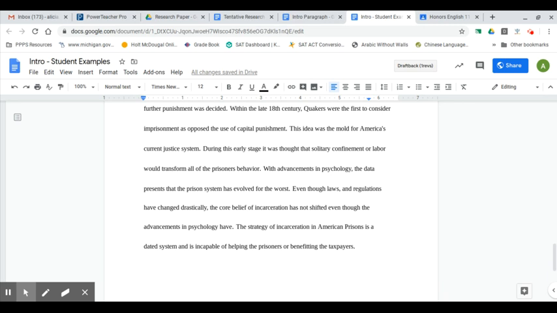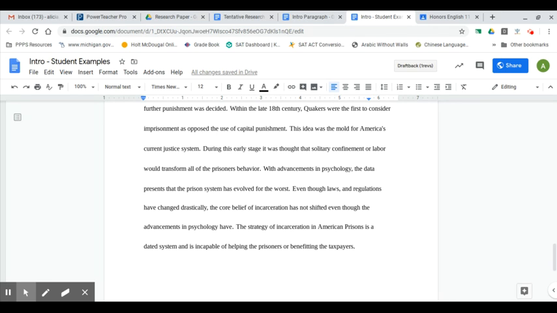This idea was the mold for America's current justice system. During this early stage, it was thought that solitary confinement or labor would transform all the prisoners' behavior. With advancements in psychology, the data presents that the prison system has evolved for the worst, even though laws and regulations have changed drastically. The core belief of incarceration has not shifted, even though the advancement in psychology have. The strategy of incarceration in American prisons is a dated system and is incapable of helping the prisoners or benefiting the taxpayers.